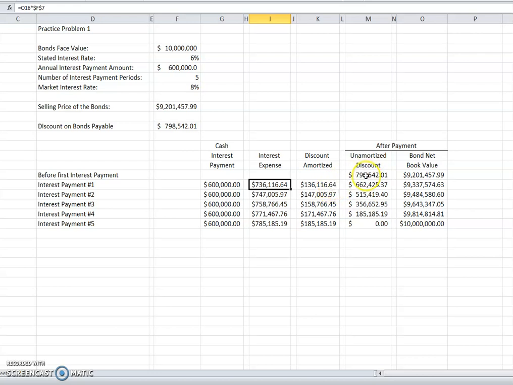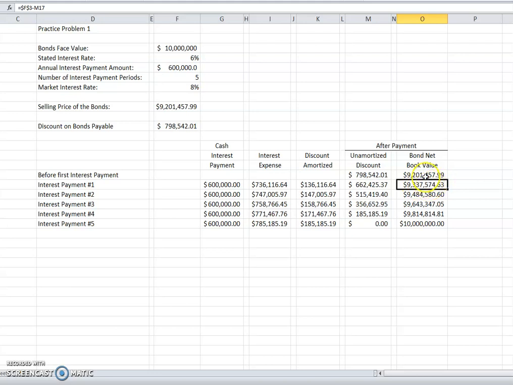We can subtract that from the unamortized discount from the previous year to get the unamortized discount that we have left. We can subtract this amount from $10 million. It'll give us the net book value of the bonds at that point.